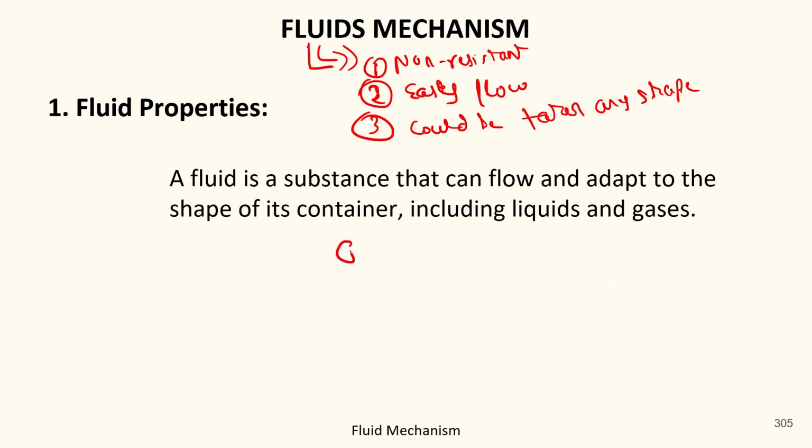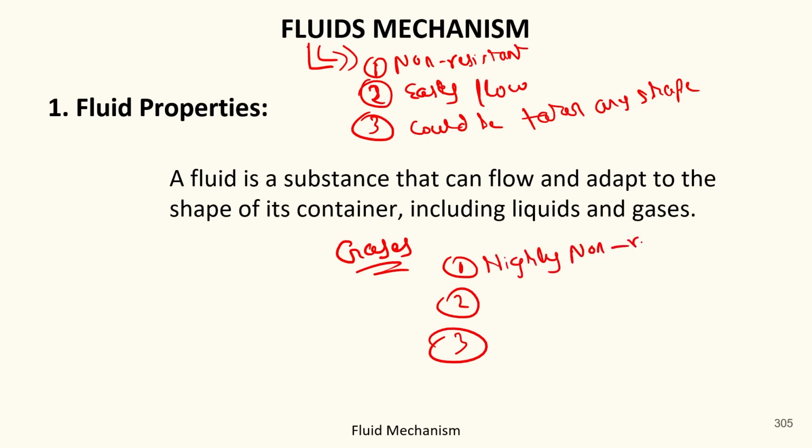Got it? Now take an example of another one, which is gases. 1, 2, 3. It is highly non-resistant. Second is high easy flow.